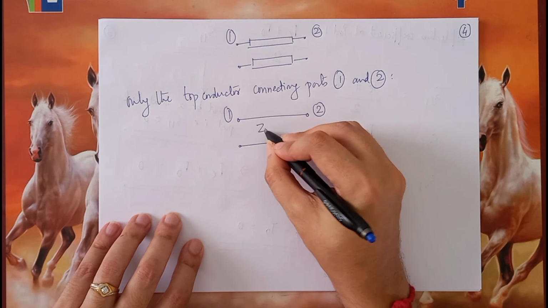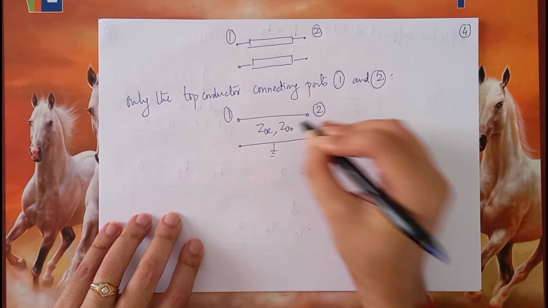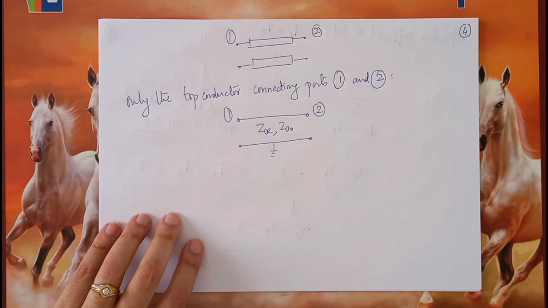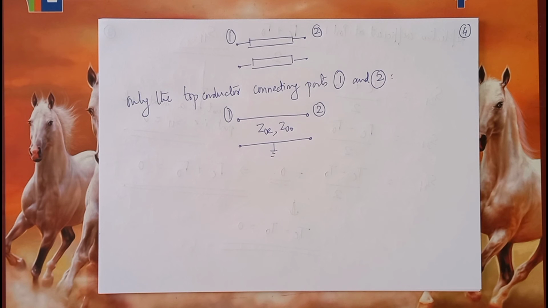It could have Z0E, it could have Z0O, depending on which mode it is being operated in. Now, to analyze and get the S parameters, since it's a two-port network, we will first try to obtain its ABCD matrix or the transmission matrix. Okay?